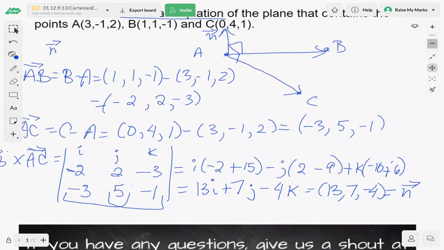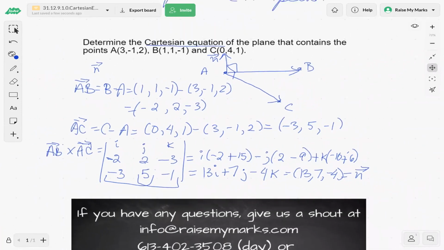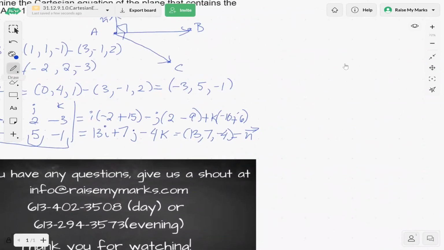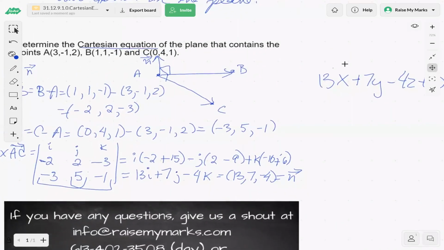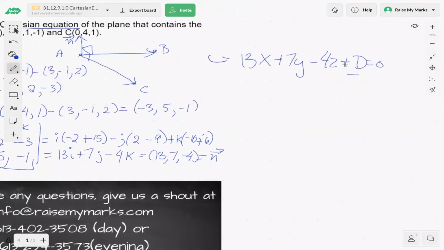So now let's put it all together, at least a start. Our plane has the following form: 13x plus 7y minus 4z plus d equals 0. So we need to figure out this d, or this intercept. We can do that by taking one of our points, A, B, or C, and plugging it into our equation.